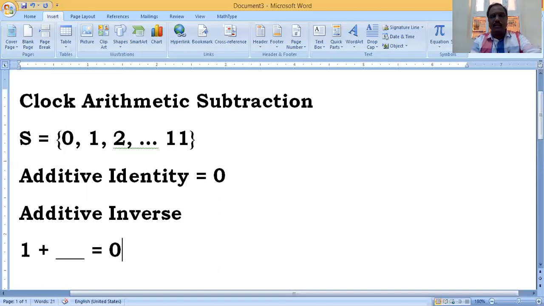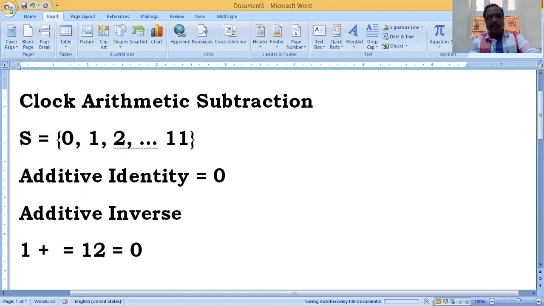But when I add a number, the result will be above 0. In clock arithmetic, whenever we get a multiple of 12, the system resets to 0, because 0 is the additive identity. So whenever the sum equals 12, which is 0, the number is considered the additive inverse.